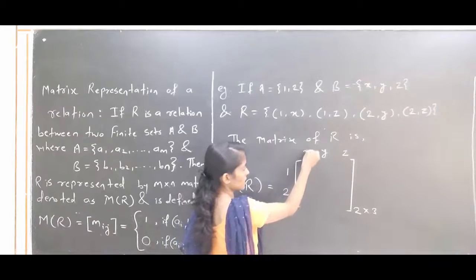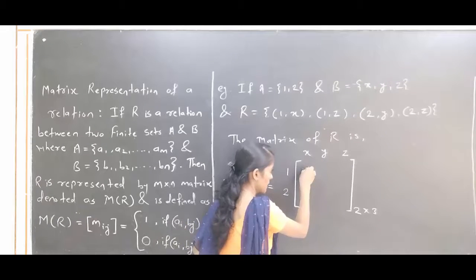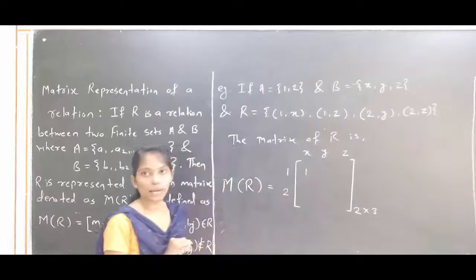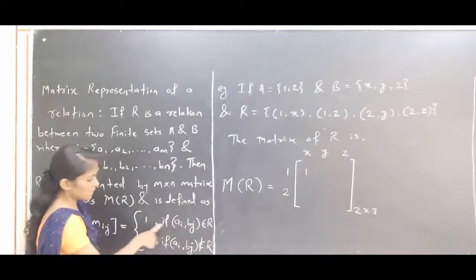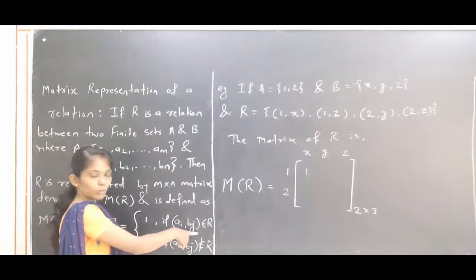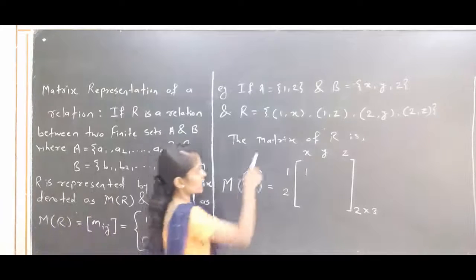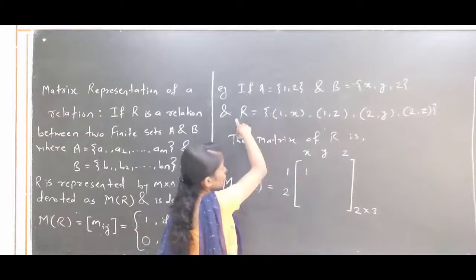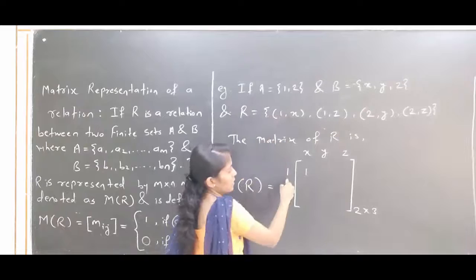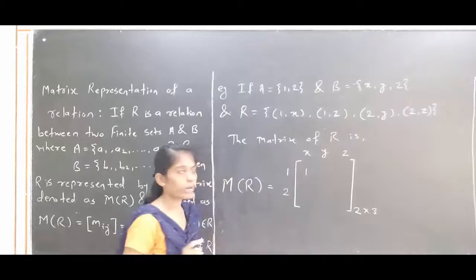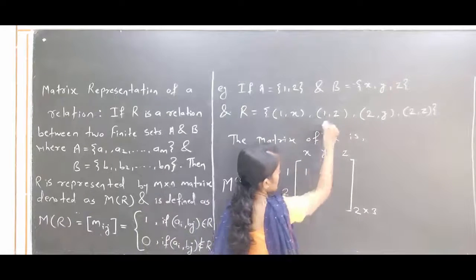Now see the relation, and the first pair 1 related to X. So 1 is related to X, so we mark the entry 1. See here, 1 if Ai is related to Bj, or ordered pair Ai Bj belongs to the relation. So here 1x belongs to R, or 1 is related to X, so we mark this entry 1. Then 1z.